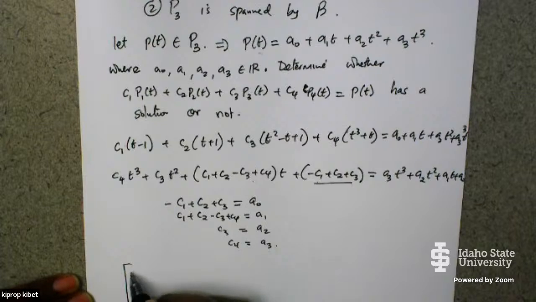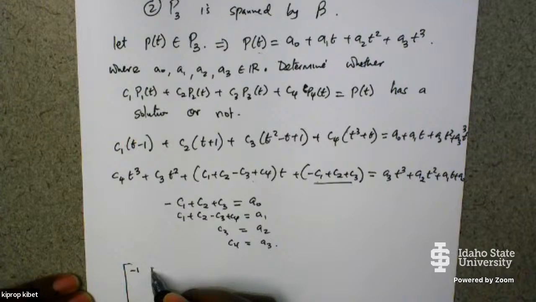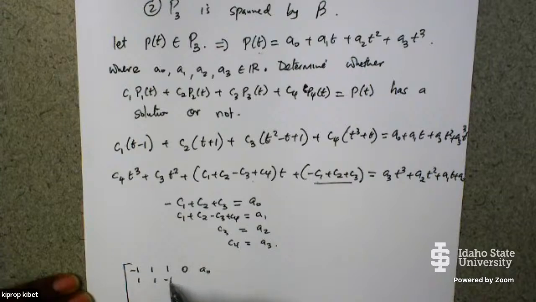So we have minus 1, 1, 1, 0, and then A0; 1, 1, minus 1, 1, and then A1; 0, 0, 1, 0, and then A2; and 0, 0, 0, 1, and then A3.